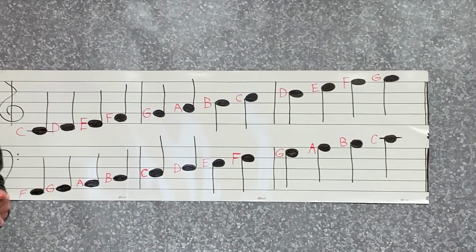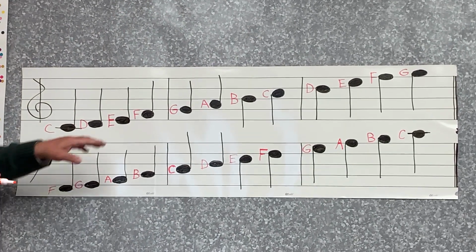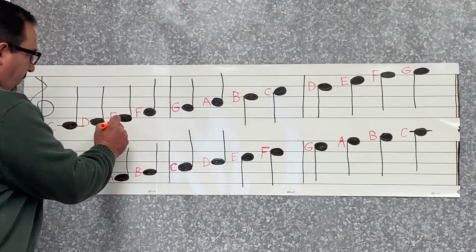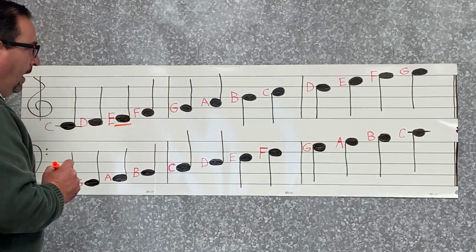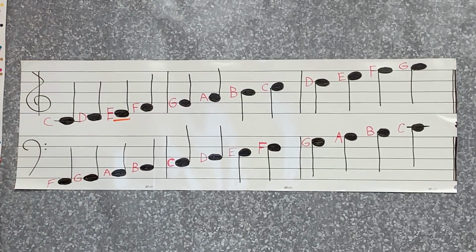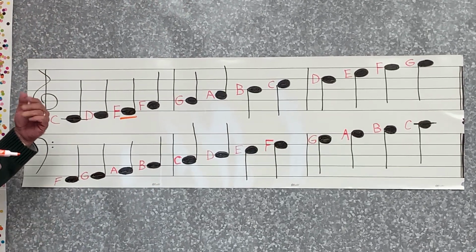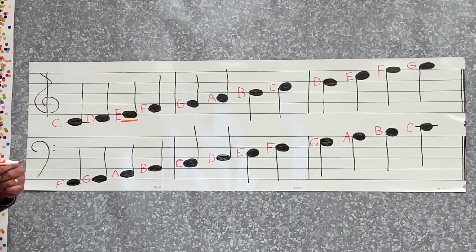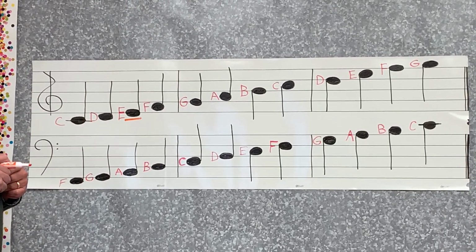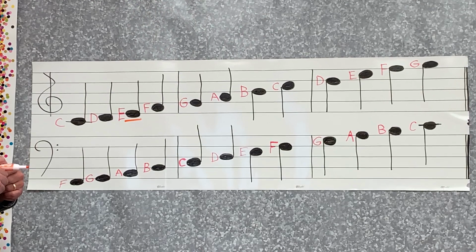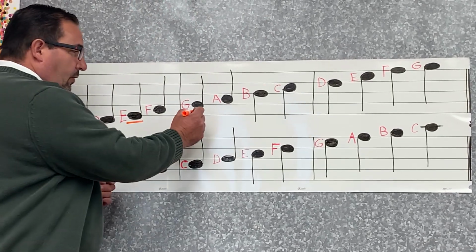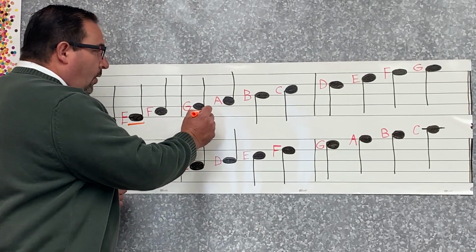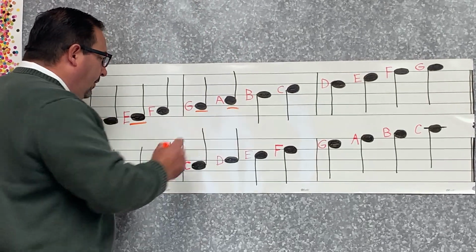Very good. Now, Jacoby, if I was going to say we're going to use this E, and I would like to have the next note be not a step, but a skip, which note do you think we could use? Very good. We could use a G, we could use an A, okay?